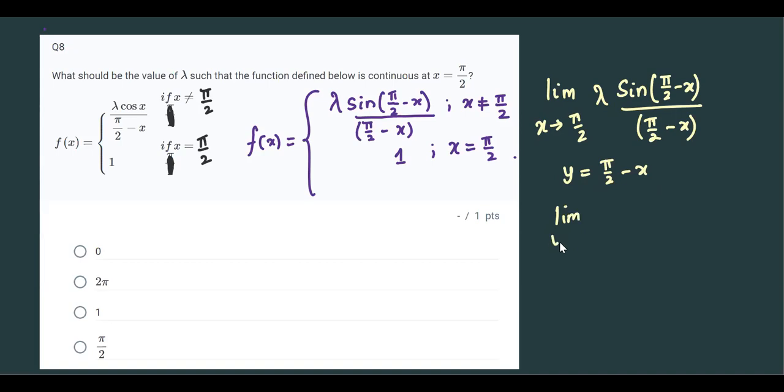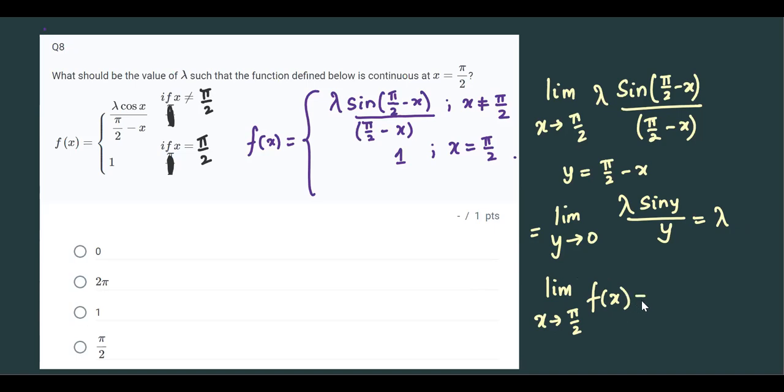So we have limit y tending to 0 of lambda sine y upon y, which is lambda times 1. Sine y by y is 1. So the limit of the function as x tends to pi by 2 is lambda, and the function value at pi by 2 is 1.